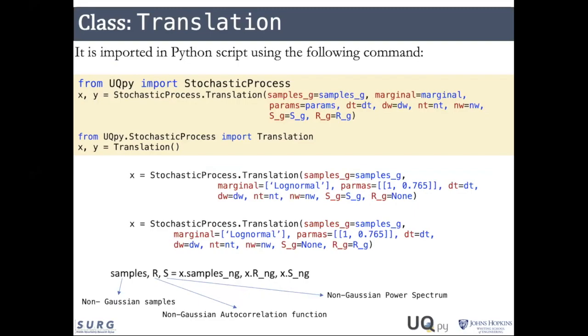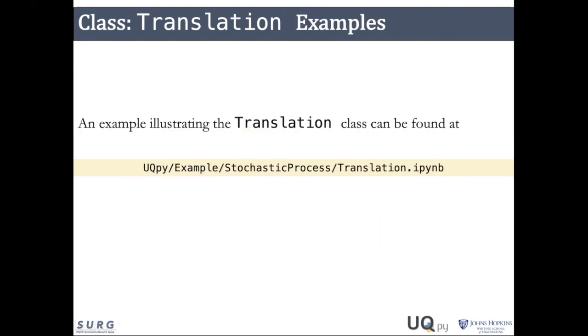In the second one, we don't provide any power spectrum, but we give the Gaussian autocorrelation function as input. And this line shows all the output attributes from the translation class. The first one would be non-Gaussian samples, then the non-Gaussian autocorrelation function, and S is the non-Gaussian power spectrum. So we can get all these outputs from the translation class.